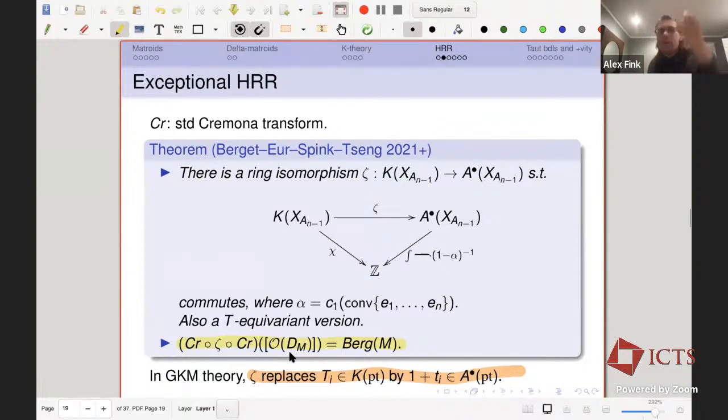If I have one of the line bundles that comes from a matroid polytope, then I send it to the Bergman fan, which is the tropicalization of that linear space if it was a realizable matroid. So that's the closest to a global way that I know how to think of it.